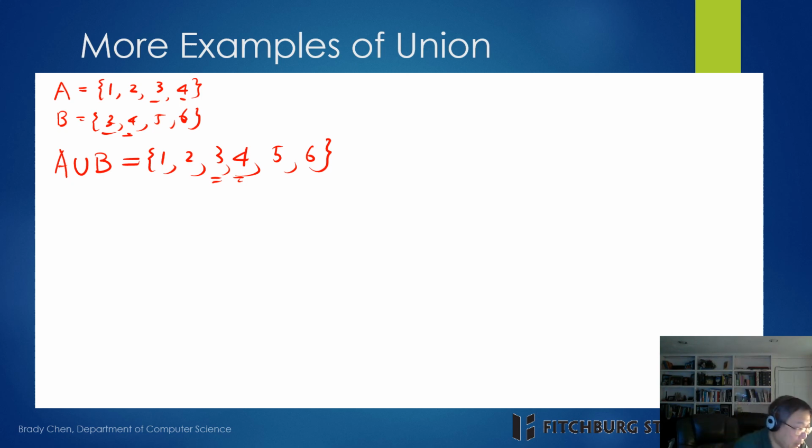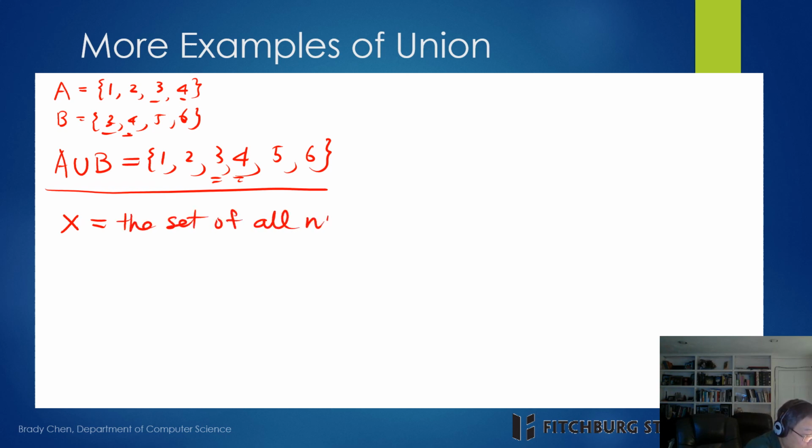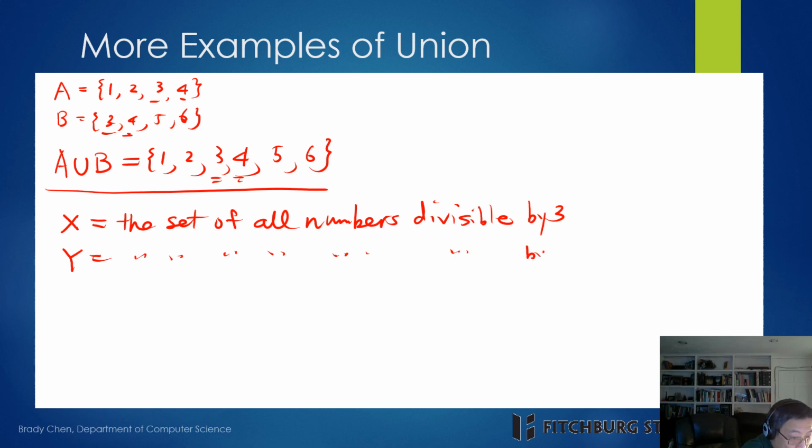Let's take a look at another example. Suppose I have a set. I can use different notation instead of A and B. I can say X equals the set of all numbers divisible by 3, and Y is the set of all numbers divisible by 2.